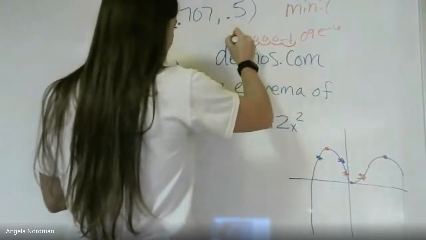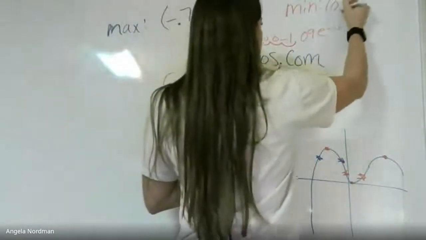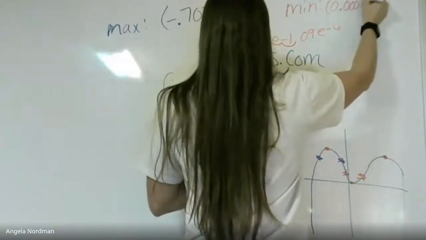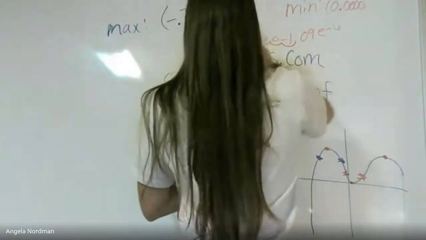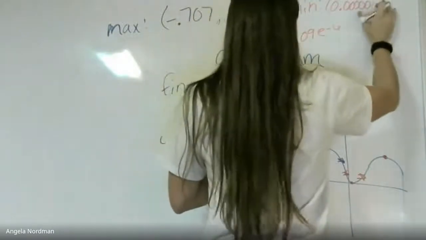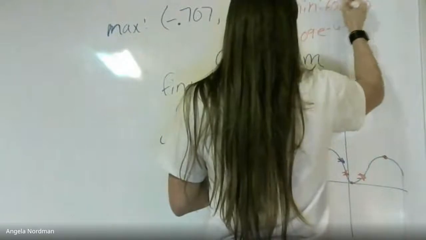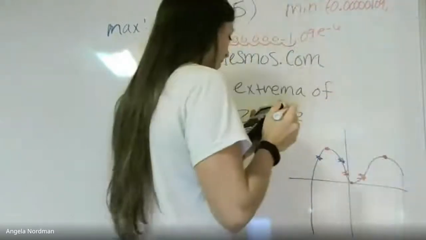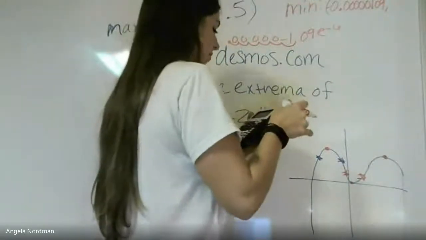So this number is actually negative 0.000001 (5 zeros), 0.00000109.